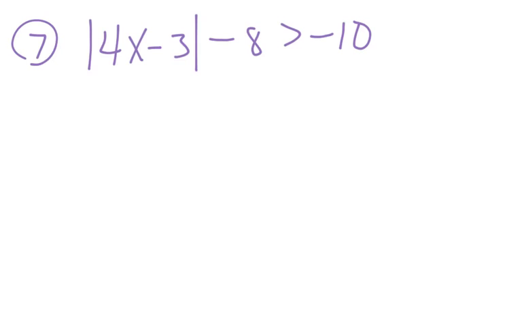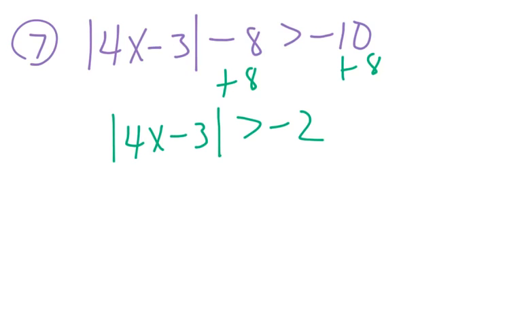So here I have the absolute value of 4x subtract 3 minus 8 greater than negative 10. All right, so I need to isolate the absolute value bars, so I'm going to add 8 to both sides. So I have the absolute value of 4x minus 3 is greater than negative 2.